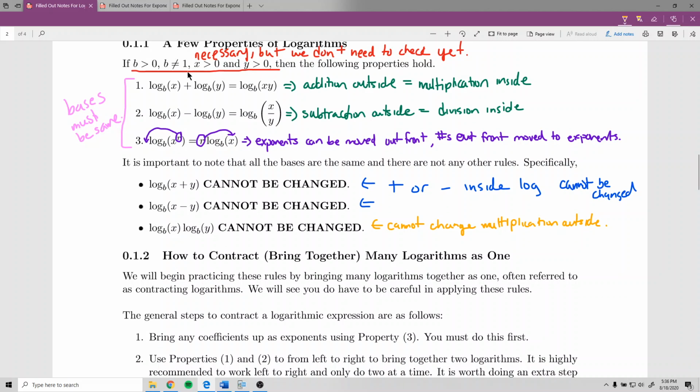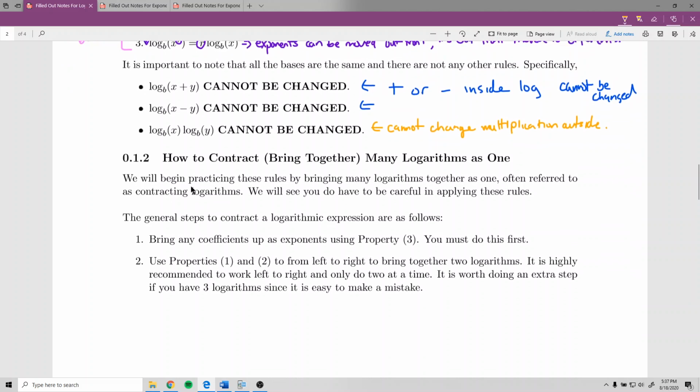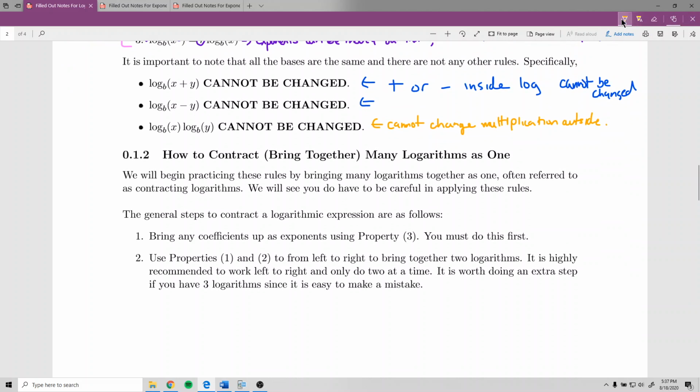All right, so what we're going to do is really focus on bringing many logs together. So if we have more than one log and we want to bring them together, we look for pluses and minuses, and also this third rule will work in conjunction together. All right, so these are the rules that were outlined. The first thing is bring any coefficients up as exponents using property 3.